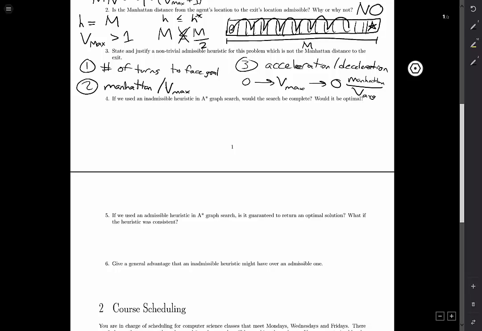But eventually you'll expand all of them. Therefore, it would be complete. Because graph search, so let me repeat it, for finite states, it'll always visit everyone.